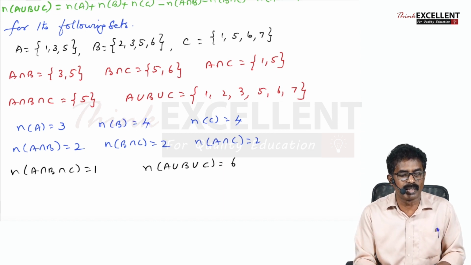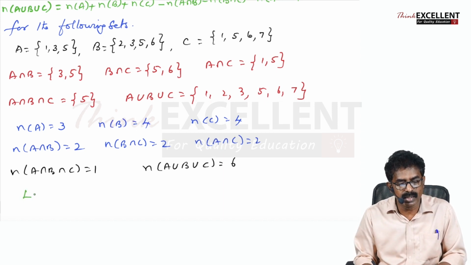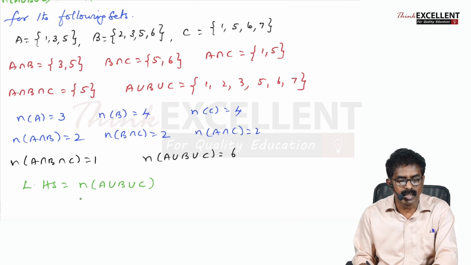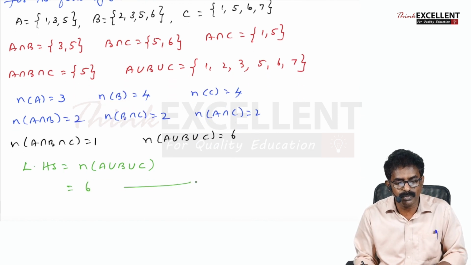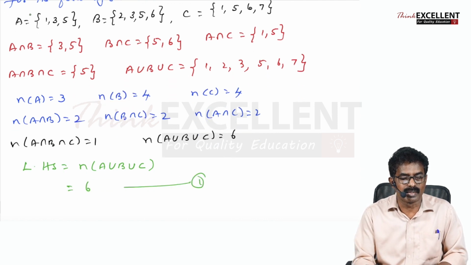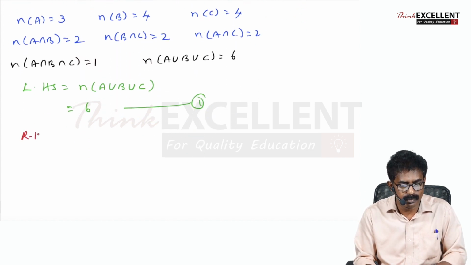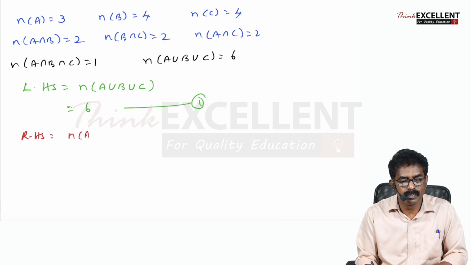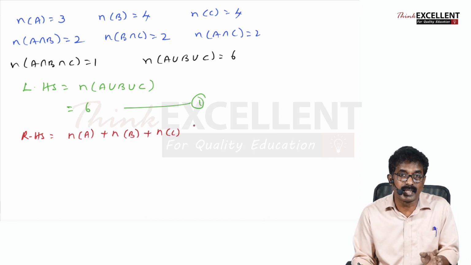LHS, okay, very simple thing, right? So we write LHS, that is n of A union B union C. What is that? It is 6. Now you find RHS, right? That is n of A plus n of B plus n of C, taking one at a time, everything positive.